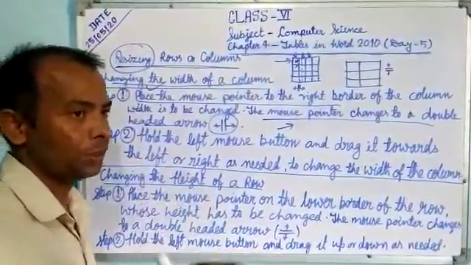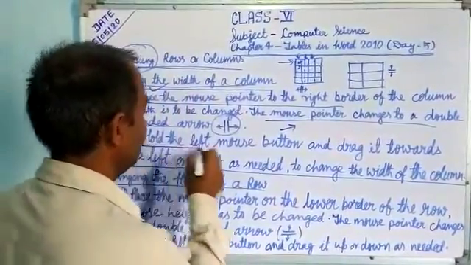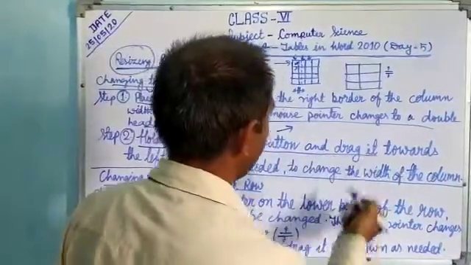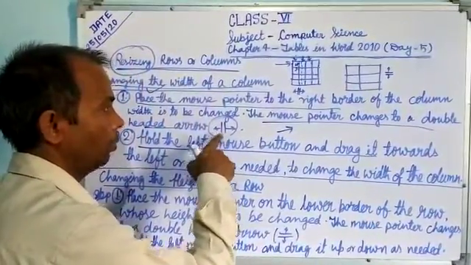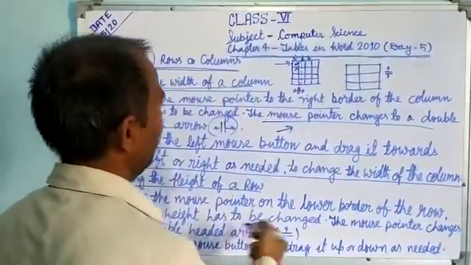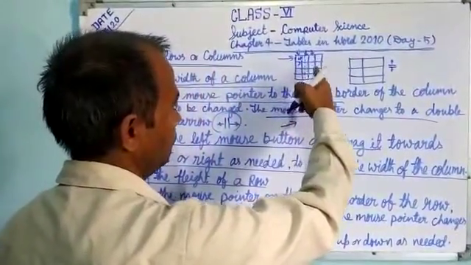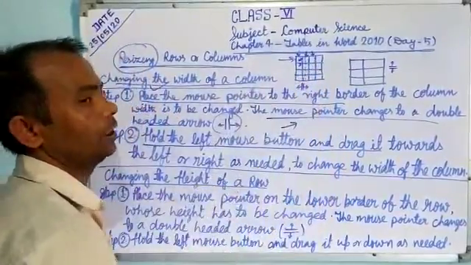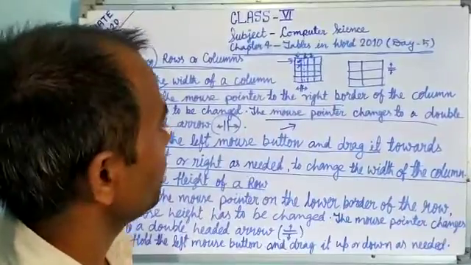So we have to press the left mouse button, press and drag. Hold the left mouse button and drag whenever the double-headed arrow is appearing. After that we can push this double-headed arrow either towards left or towards right.